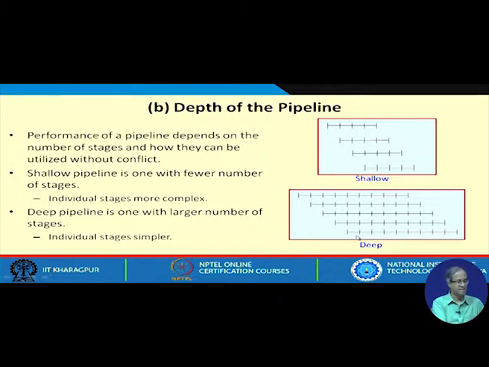So, we shall be seeing later that conflicts in a pipeline are very important, and there are so many techniques to handle them, right. So, for a shallow pipeline, because we are making the number of stages smaller, individual stages are more complex, but if I have a very large number of stages, individual stages will become simpler. Okay. Fine.